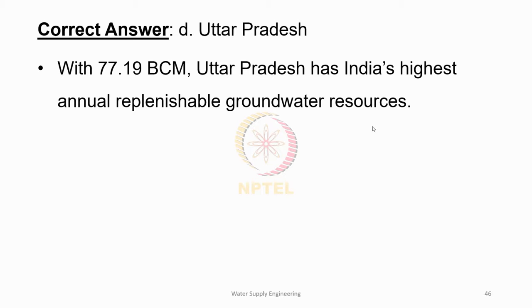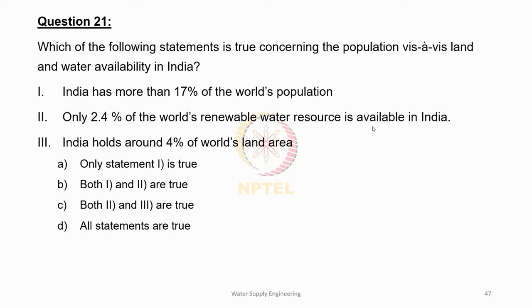I think almost everyone had answered option A, Kerala. But I think for Kerala, it is the surface water that is there. So, in the case of replenishable or utilizable groundwater resources, it's Uttar Pradesh with 77.19 billion cubic meter. All right. So, we'll move on to the next question.